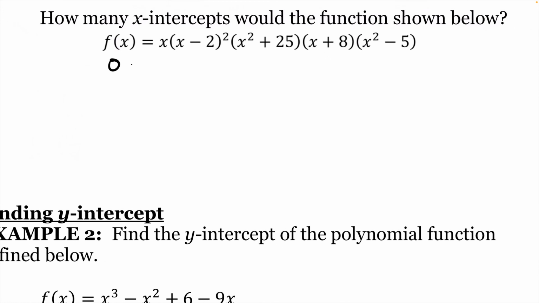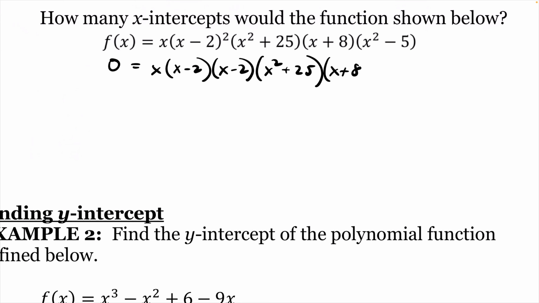All right, well, let me rewrite this because x minus 2, there's 2 of them. X squared plus 25, x plus 8, x squared minus 5. So I just rewrote because there was x minus 2 squared. That means there's 2 of them.